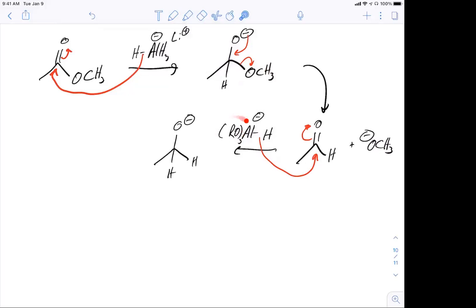Now, the reason that I changed this a little bit is that we have aluminum. Aluminum is an electrophile. What would happen if I had my OCH3 and aluminum around? Not 4, but just 2.